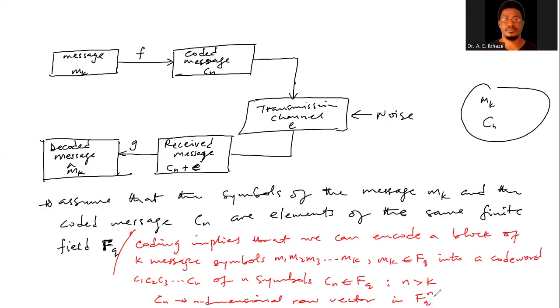Okay? So it's F sub Q to the power of n. So we are now dealing with this code word to have length n cardinal Q. Okay? So what I have just written this way is the same as what we have been talking about. So we are not trying to expand what we have been talking about, having this expression.